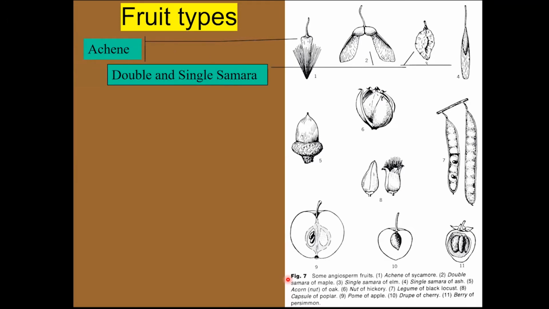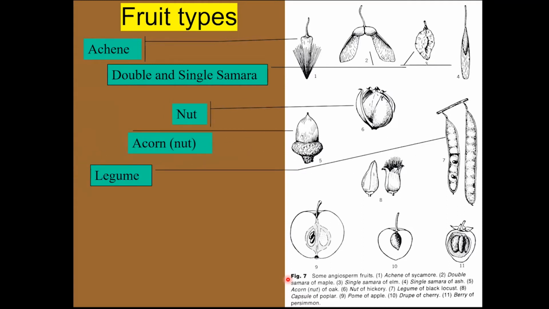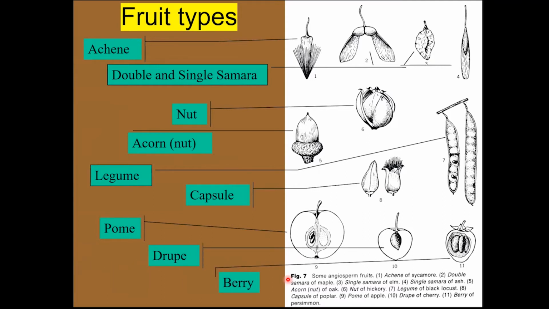There's samaras. There's nuts, acorns, legumes or pods, capsule, a pome, that's what an apple is, a drupe, like a cherry, and a berry, like a strawberry. I think down below there are examples of trees of every one of those. Persimmon is a berry. That's interesting.